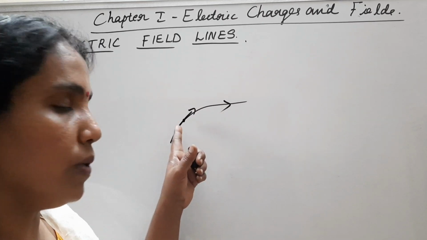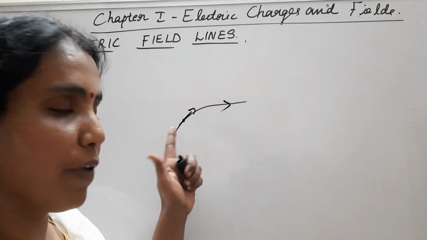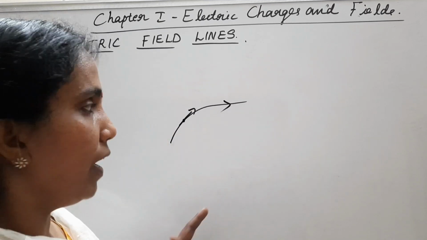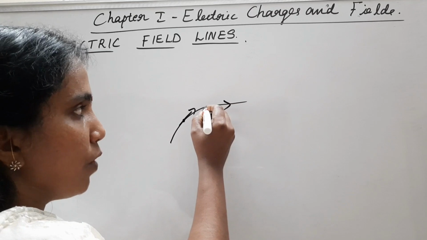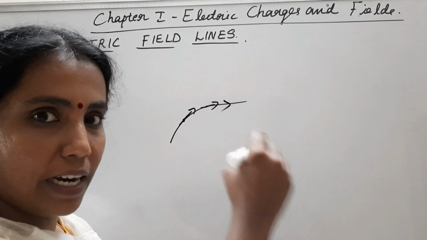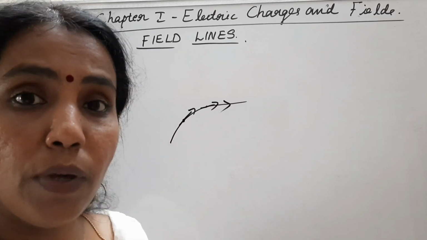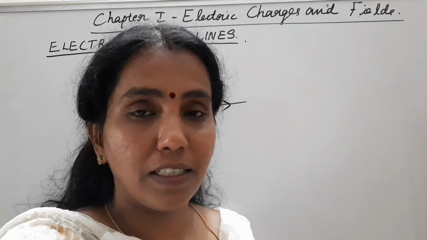The tangent to the curve at that point gives the direction of electric field at that particular point. If you want to find the direction of electric field at any other point, similarly you draw the tangent. That tangent will give you the direction of electric field. So that's how electric field lines are defined.